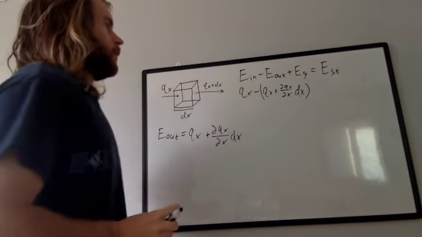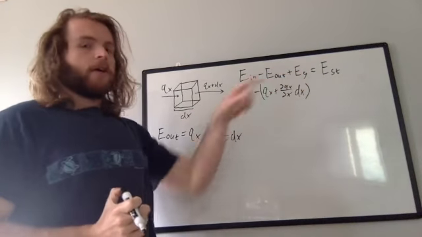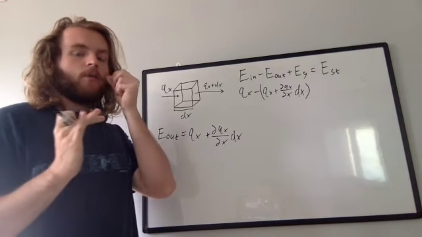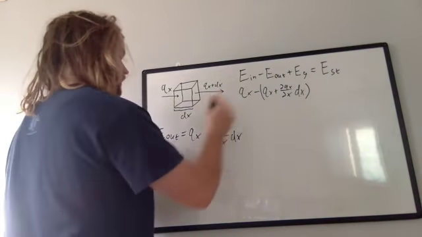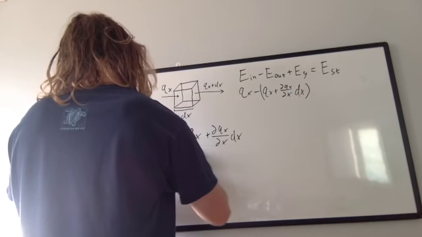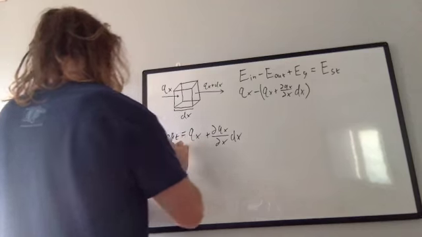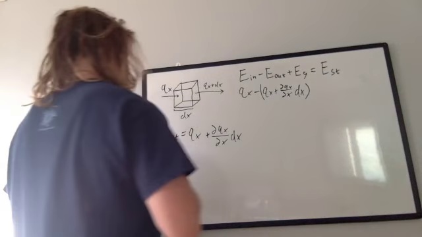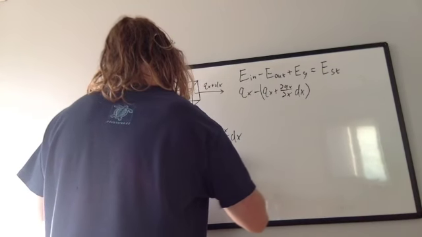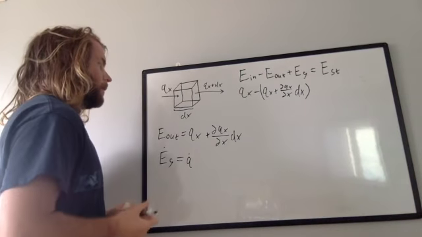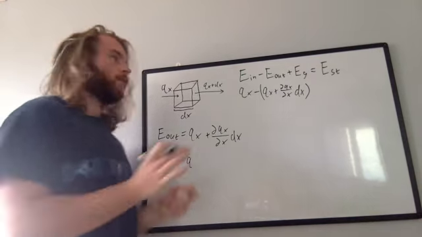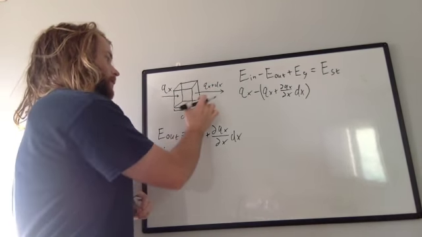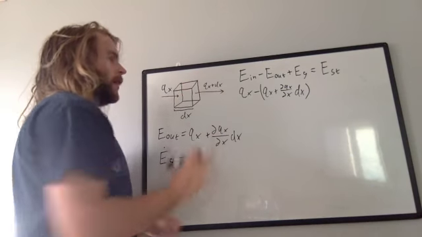All right. And then over here for our E generated, that is simply going to be represented with a rate. So we'll say E rate, so EG right here, and we'll use this dot to represent the rate. And then this is just going to be equal to the q rate, the rate of heat, multiplied by the differential volume, this whole volume right here. That's not just going to be dx, we're going to have to use dz and dy as well in order to get the differential volume.